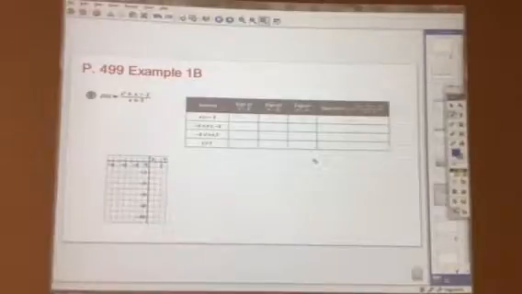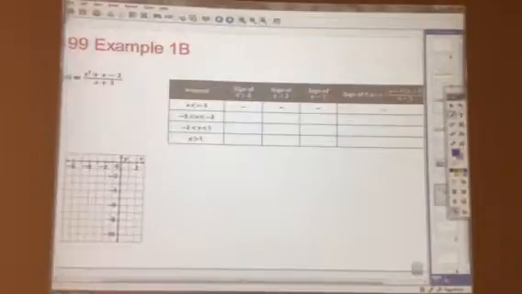All right, turn to page 499. Example 1b. Okay, 1b. I'm going to make this a little bit bigger so I can see it.